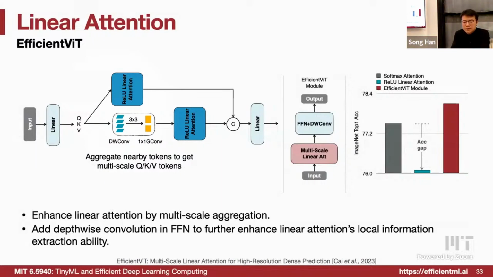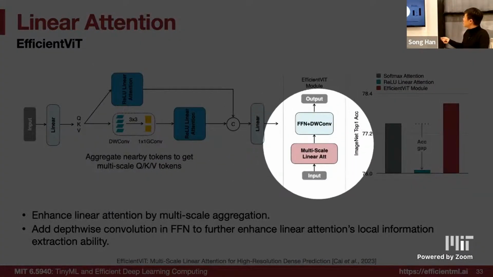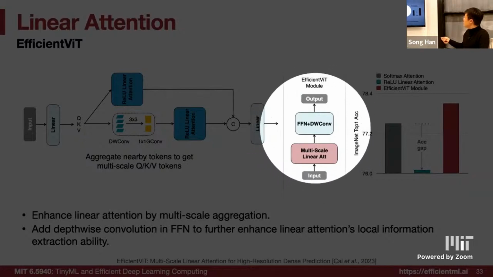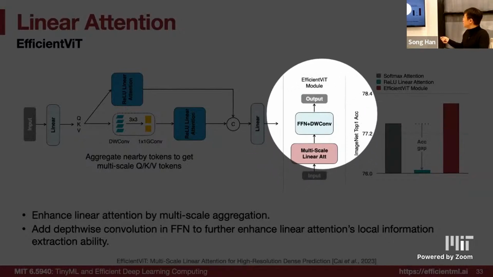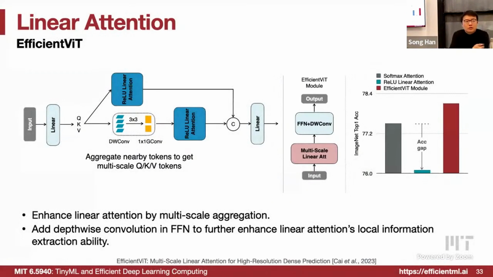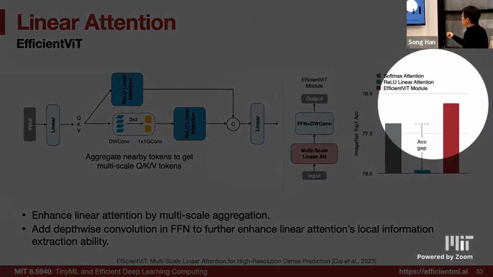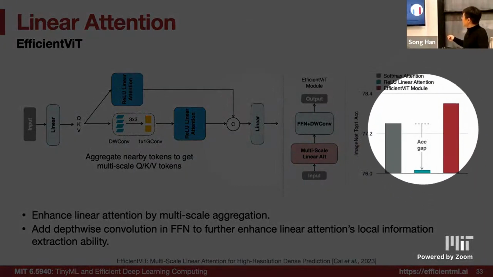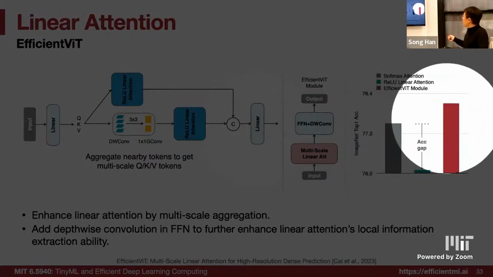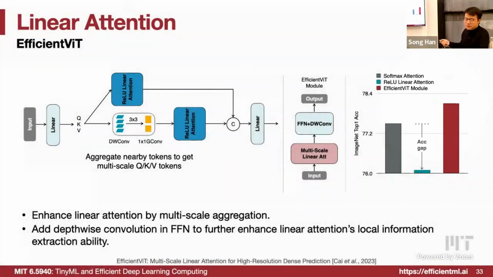So we can enhance linear attention by such multi-scale aggregation with the convolution. In the FFN layer, we added the depth-wise convolution to compensate for the loss of accuracy. It added very little computation, but accuracy-wise, it fully brought back the accuracy and even improved it a bit, further enhancing the linear attention's local information extraction capability.